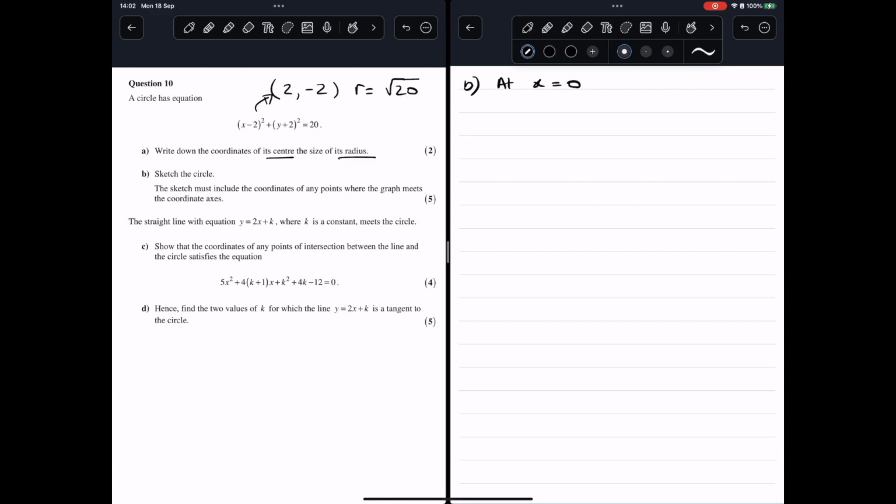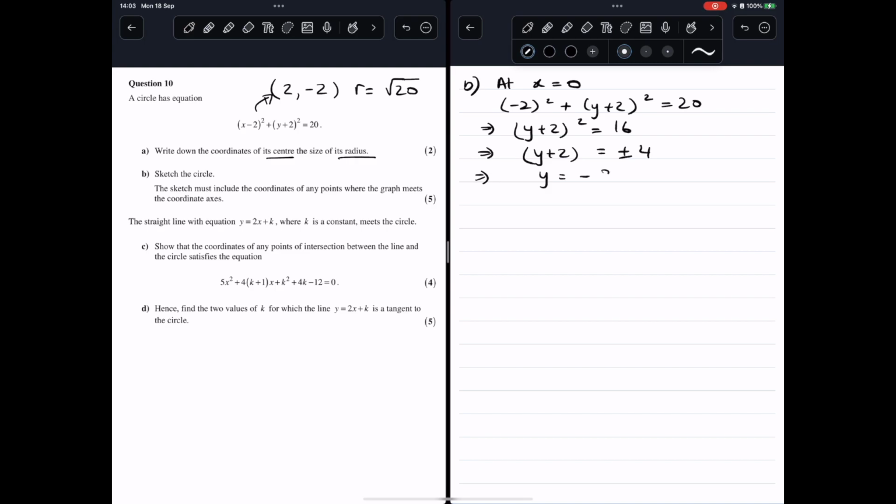When x equals 0, it gives minus 2 squared plus y plus 2 whole squared equals 20, and that gives y plus 2 whole squared equals 16. Square rooting both sides gives plus or minus 4, so y equals minus 2 plus or minus 4, therefore y equals either 2 or minus 6. Those are my two coordinates on the y-axis.